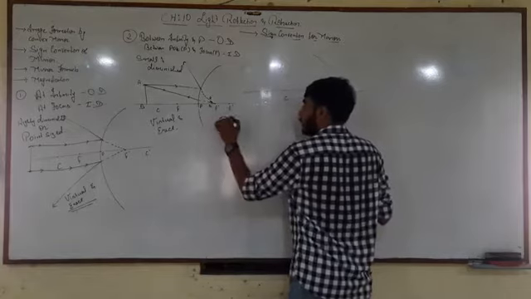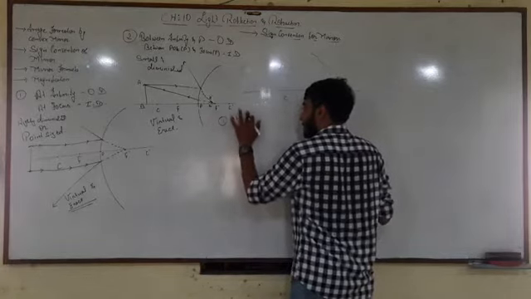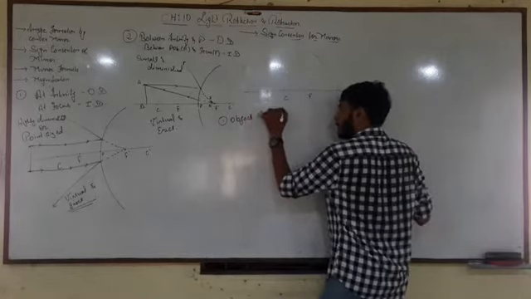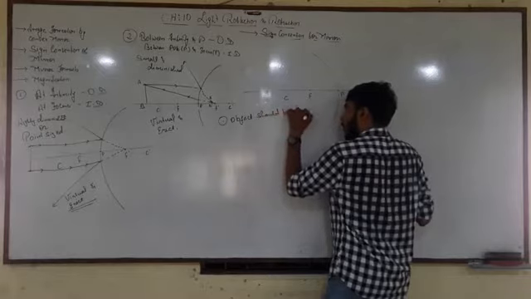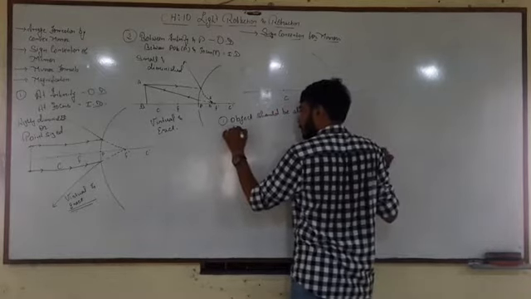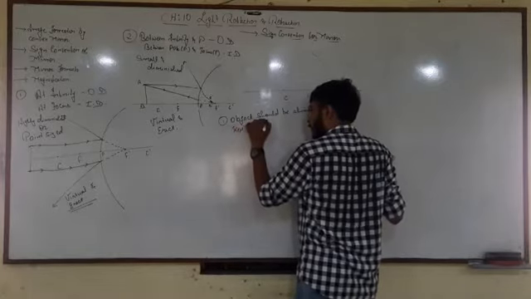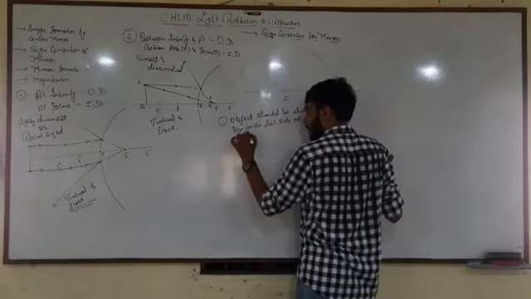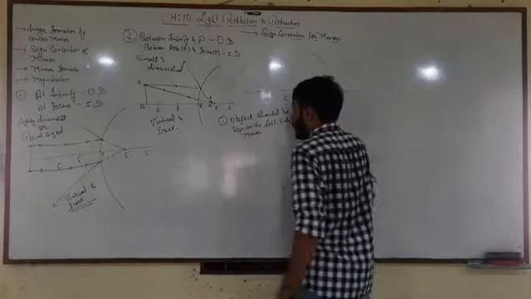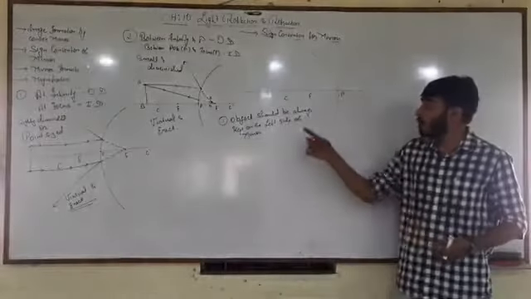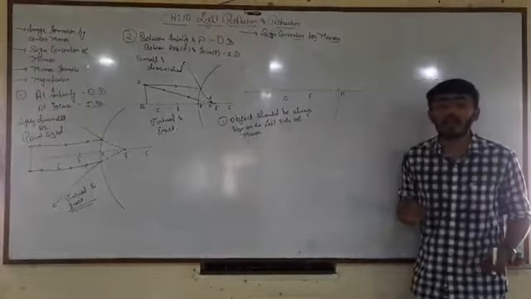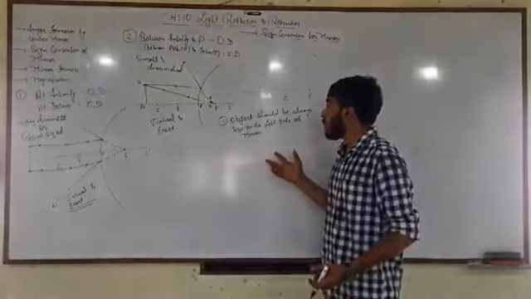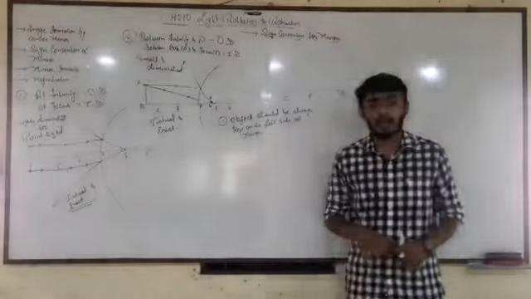So the first rule is, the object should always be kept on the left side of the mirror. Okay, so this is the first rule. Either it is a convex mirror or a concave mirror, you need to compulsorily keep the object on the left hand side.